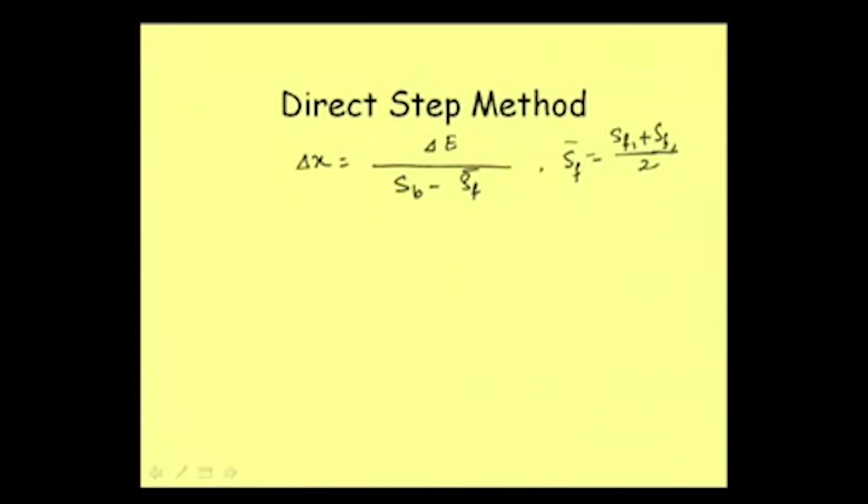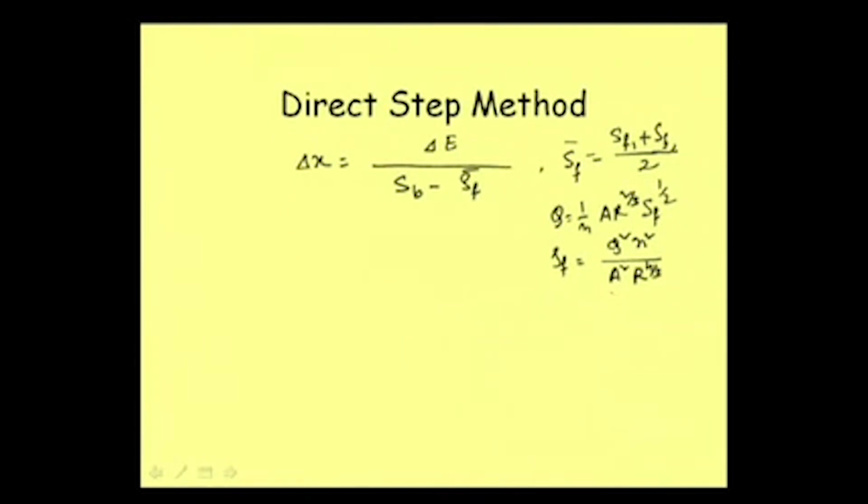Now, what is SF1? We can write Q is equal to 1 by n A R to the power 2 by 3 SF to the power half. So SF we can write as Q square n square divided by A square R to the power 4 by 3.